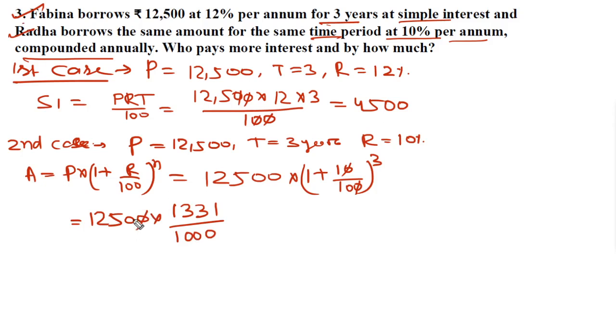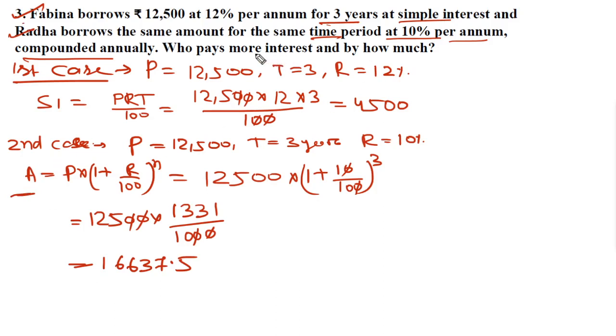Now you can cancel 2 zeros, 2 zeros. Then we can multiply it. So it will be equal to 16637.5. So this is the amount for 3 years.